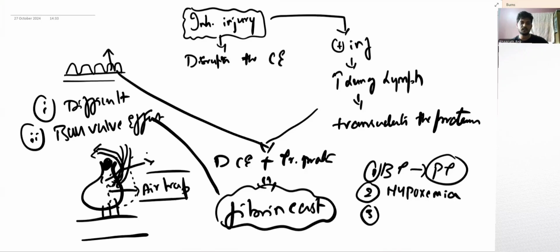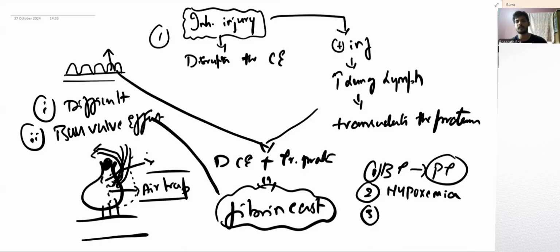And the third important thing is that when this air gets trapped inside, the carbon dioxide also cannot get out, and the carbon dioxide present in the blood can lead to hypercarbia. So these are the effects of the air getting trapped inside.